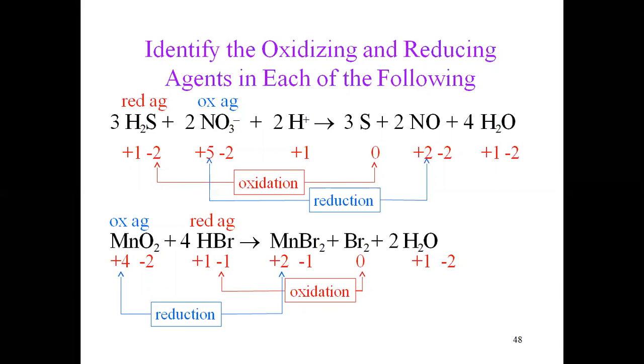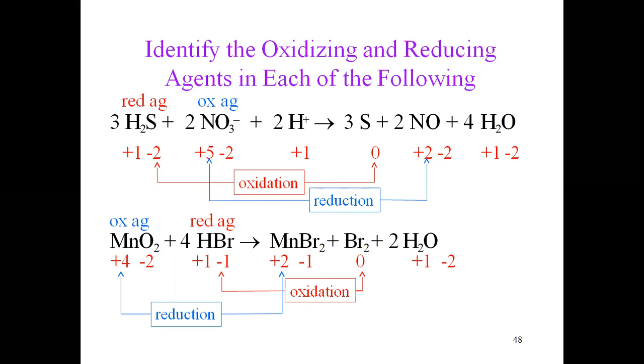In S it is 0, in NO it is +2 and -2, and in H2O +1 and -2. The reducing agent is H2S, the oxidizing agent is NO3-. Oxidation is H2S to S, and reduction is NO3- to NO. Okay. Same with MnO2. The oxidizing agent is MnO2.